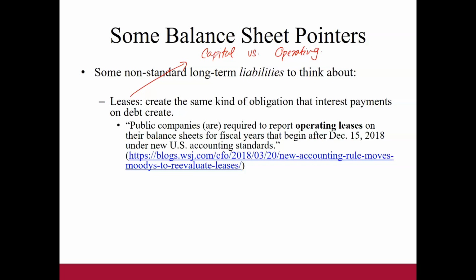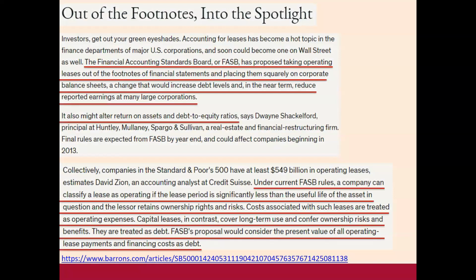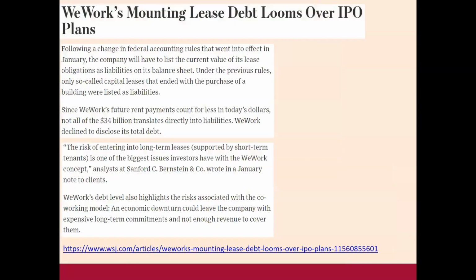What I want to show you is one company, and I'll let you read this article yourself, that is facing problems right now because of this: WeWork. WeWork, as you may know, is a company which rents out office space for people to work in. But guess what they do? They enter into long-term leases to get a building, right?